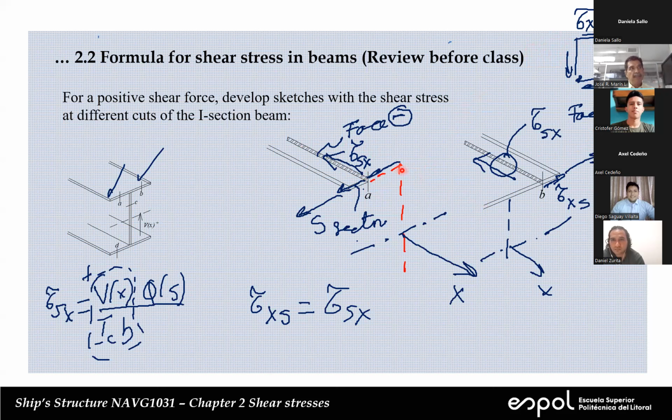Now, we can do something similar, but we can consider the cut B. B is here. Again, we go in this direction. We start here and we go all the way up to here because this edge is, again, free. So every time we apply this relation, we have only one unknown. The unknown that we are trying to find, because we have only one equation, is the tau at the point where we make the cut and we start the integration.